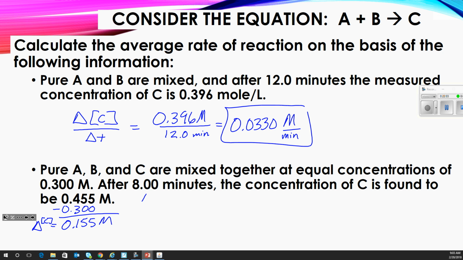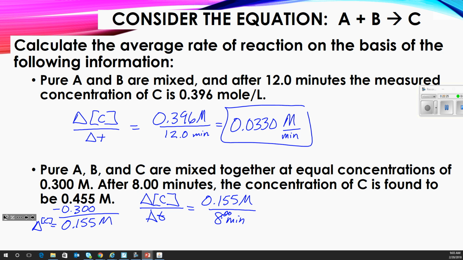Well, remember, change in concentration of C divided by change in time will give us our average rate. So we've got 0.155 molar divided by 8 minutes. And I should have put 8.00, so that's 8.00.